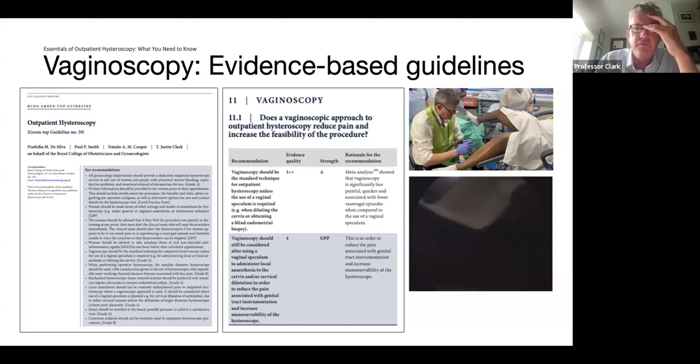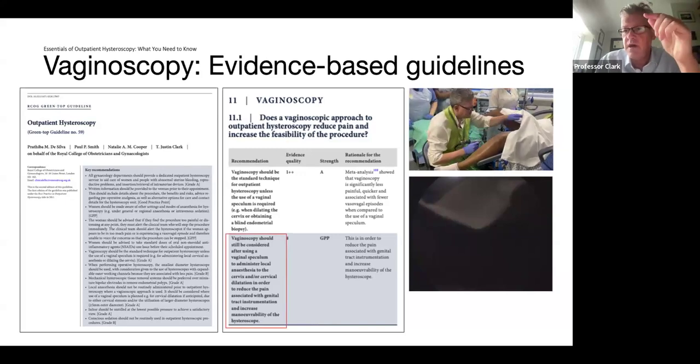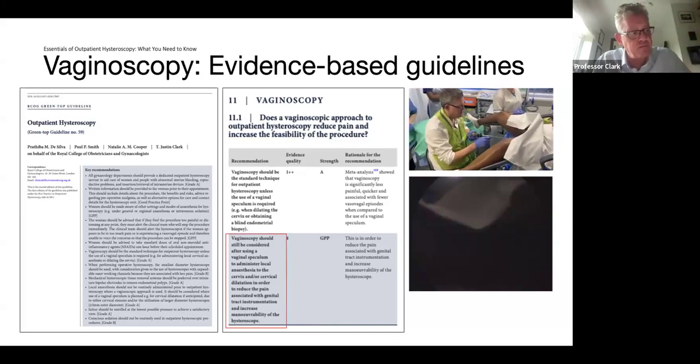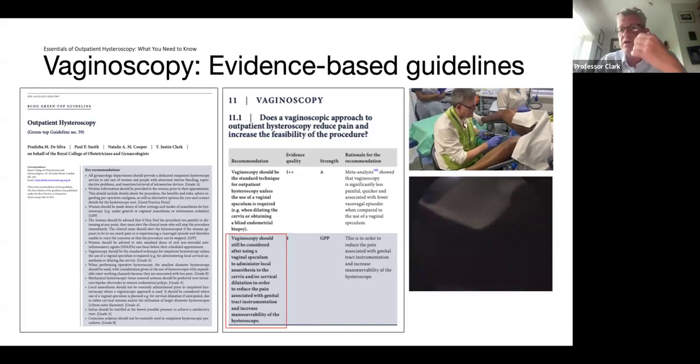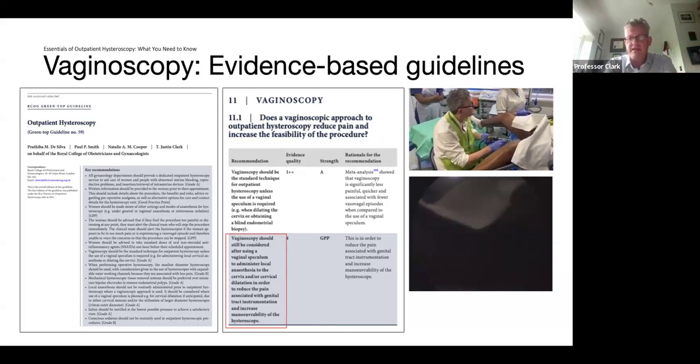By this, we mean avoiding instrumentation of the vagina: avoiding use of speculums, avoiding the need to prepare and swab the vagina or cervix, and particularly avoiding the use of sharp tenaculum or vulsellum-type forceps. The reason we can do this is because the telescopes are so small that we generally don't need to use any anaesthesia.